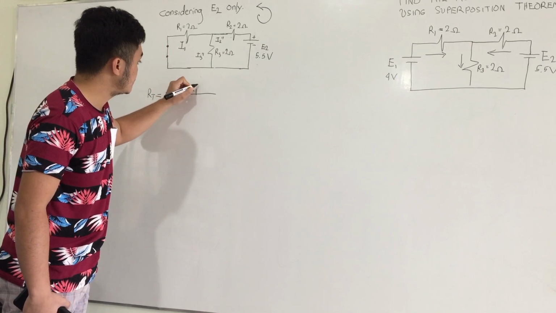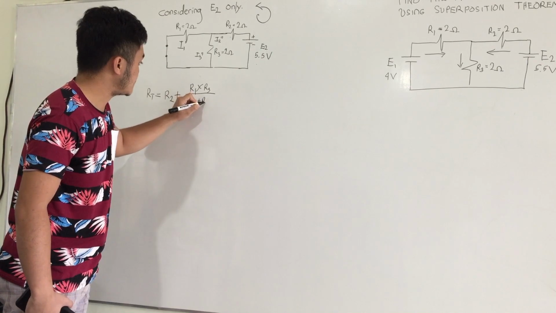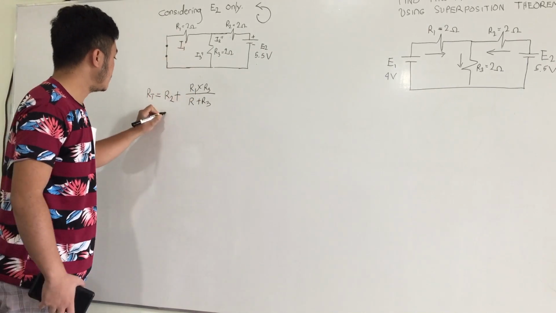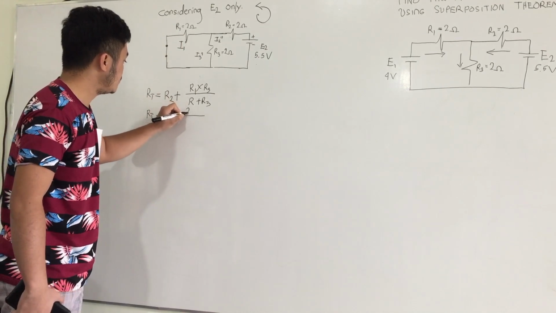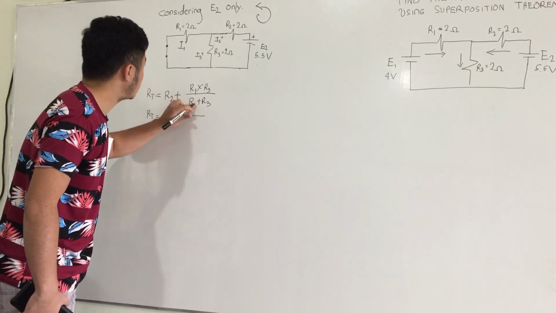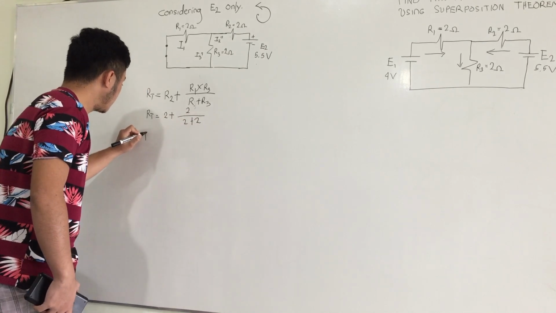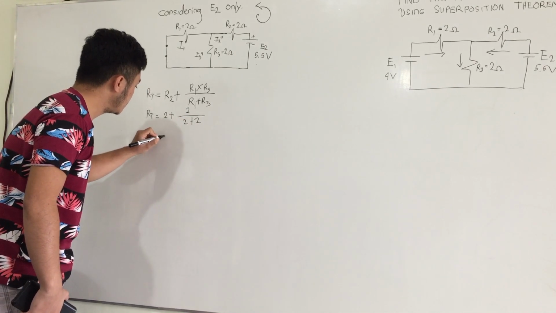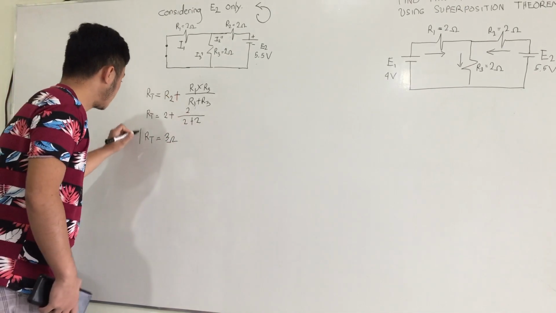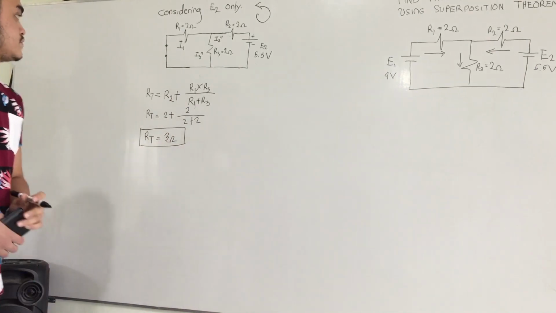So that is R1 multiplied by R3 over R1 plus R3. So by substitution, R2 is equal to 2 ohms plus 2 times 2 over 2 plus 2. So simply, that is equal to 3 ohms. So our R total is equal to 3 ohms.